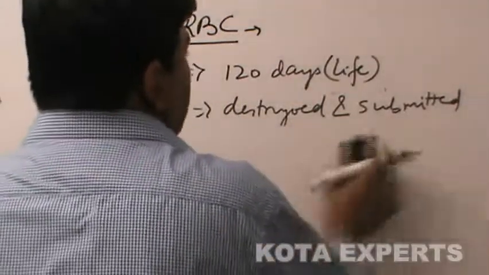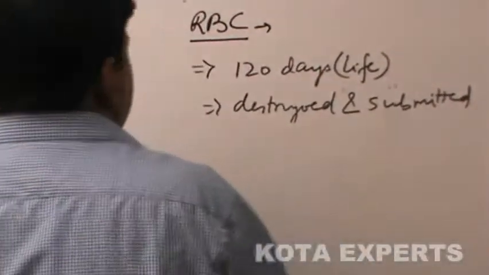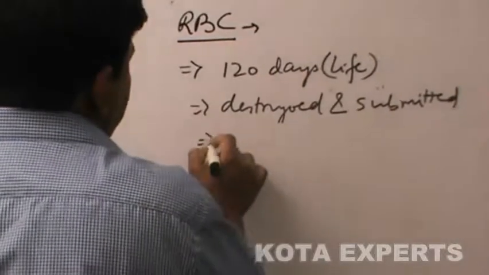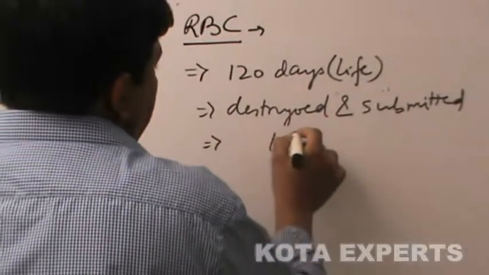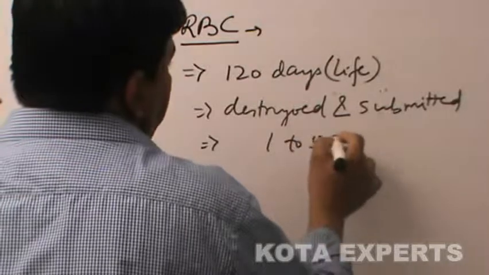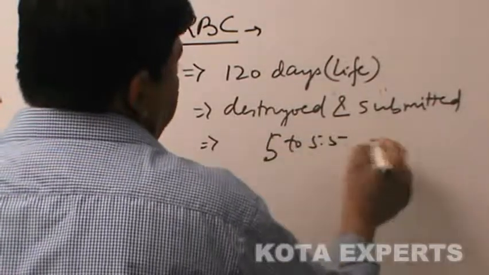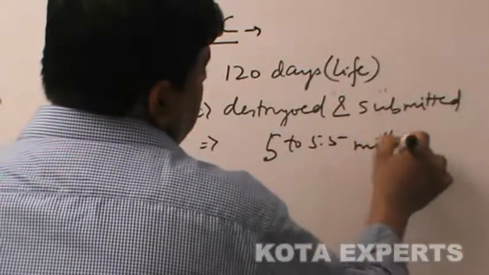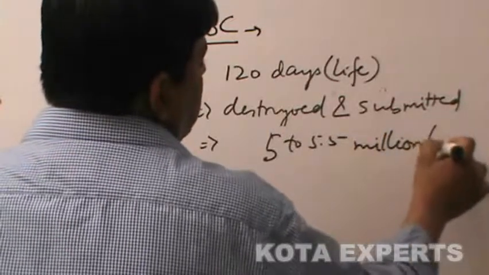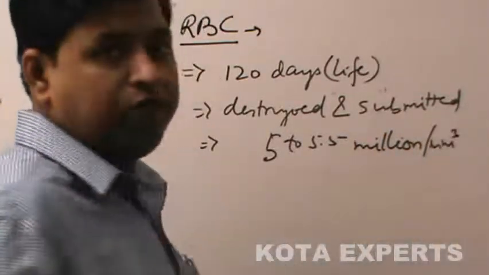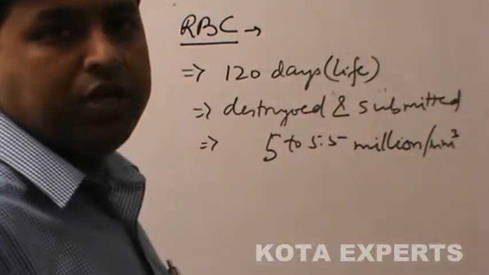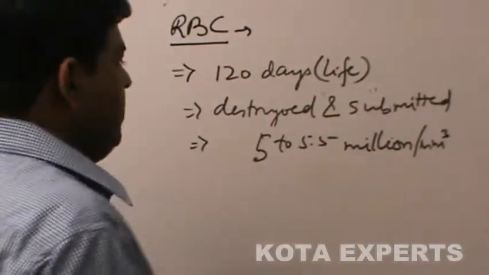So this is about the RBCs. The amount of RBCs ranges from 4.5 to 5.5 million per cubic millimeter of blood.